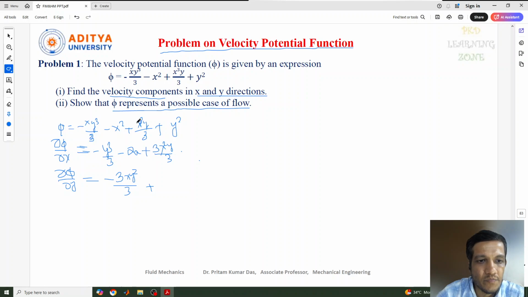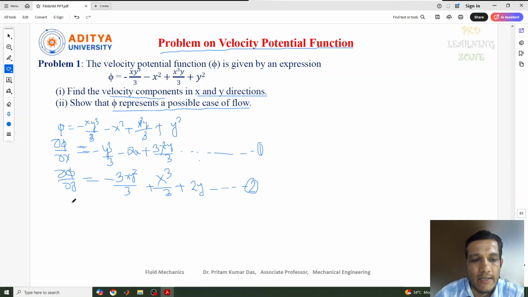Now here only y is there, and here x cube by 3 as usual, y will not be there because the derivative of y with respect to y is 1. Now here y square is there, so this one I can write 2y. So this I can call equation 1, and the second, del phi with respect to del y, I can call equation 2.